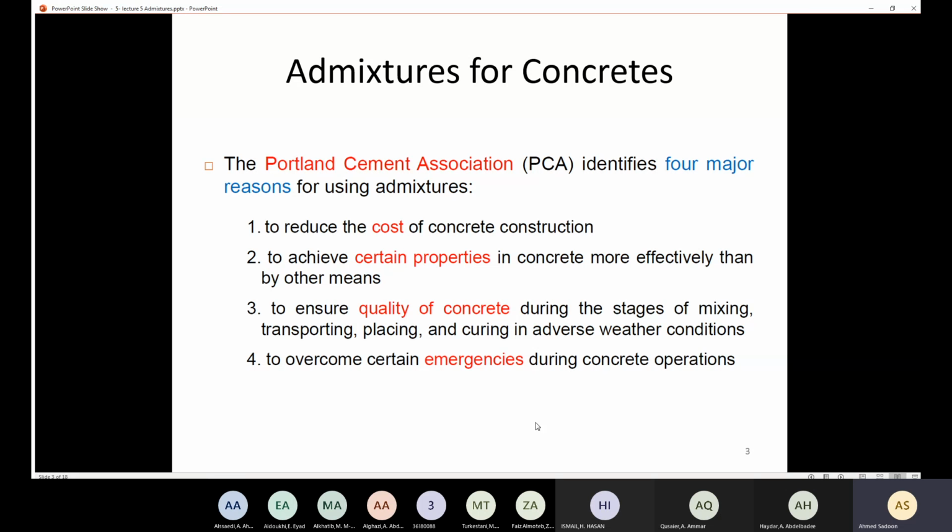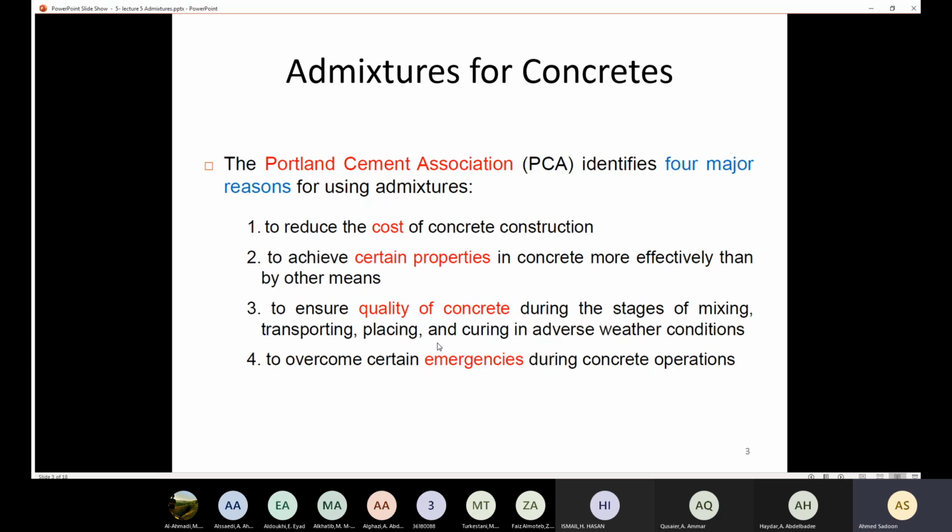So we have many stages for the concrete. We need to mix the ingredients together. We need to transport the concrete from the plant to the job site. We have the placing process, where we take the concrete and cast it into the specified structural element.